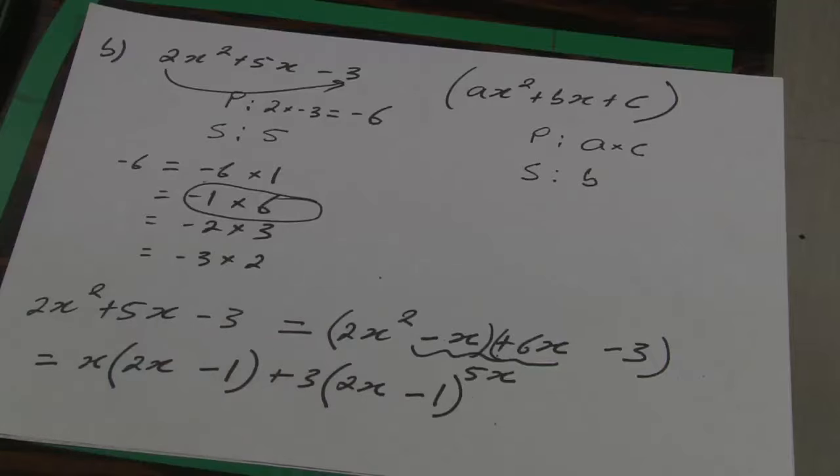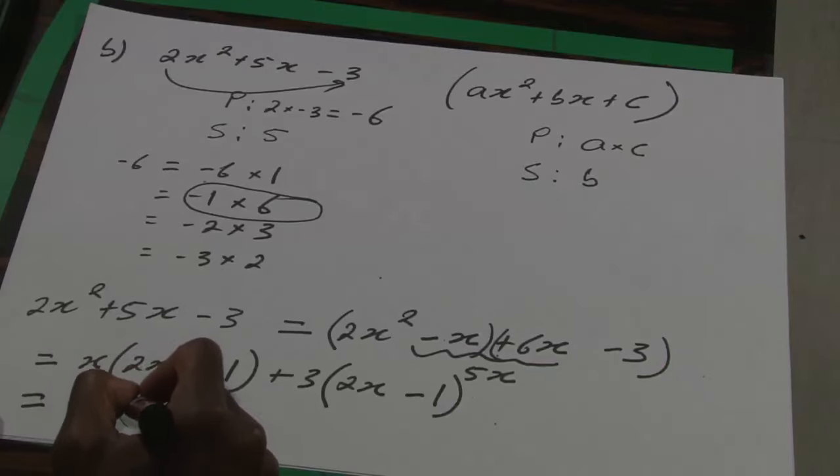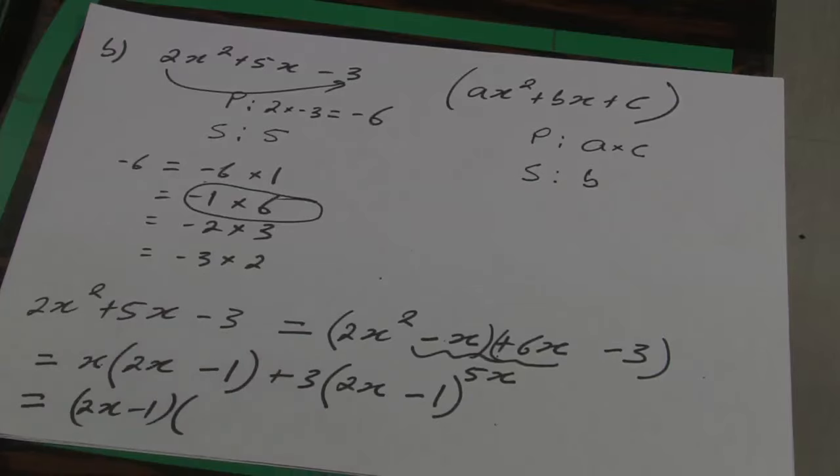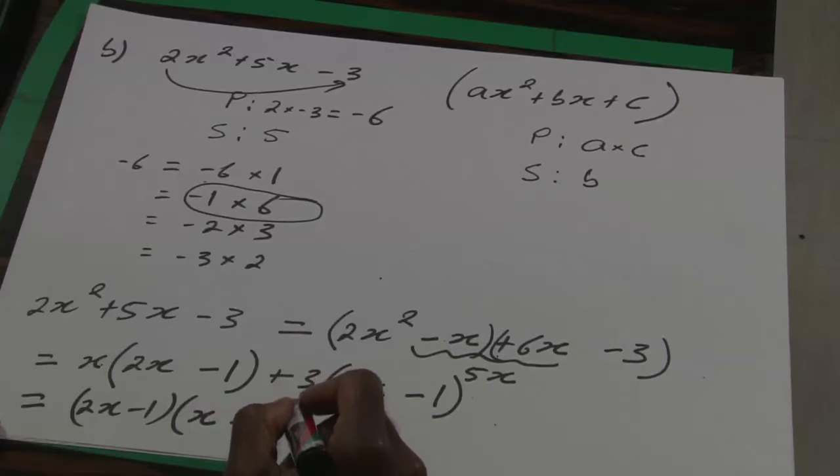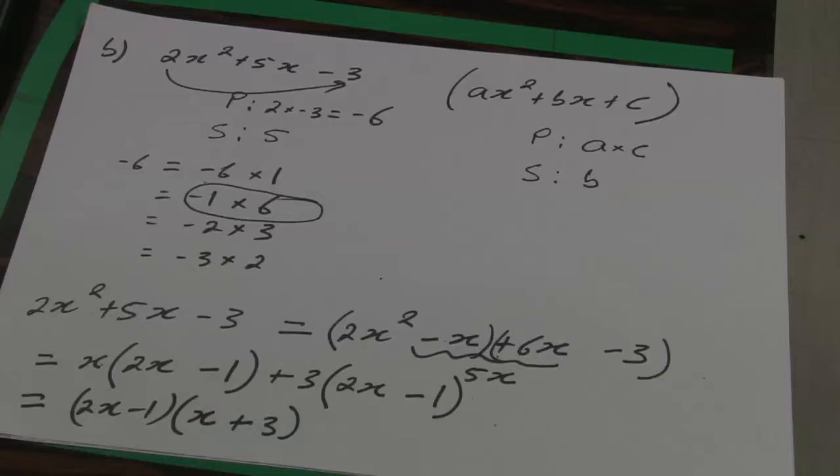Now we have two terms, and both terms contain 2x minus 1. So we can then factor 2x minus 1 out, and what we are left with is just x in the first term, and just 3 in the second term. And therefore, we managed to factorize our quadratic expression into a product of two simpler terms, which means your 2x squared plus 5x minus 3 can be written as 2x minus 1 multiplied by x plus 3.